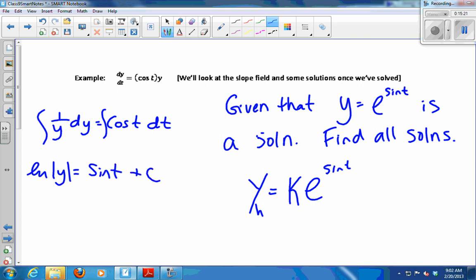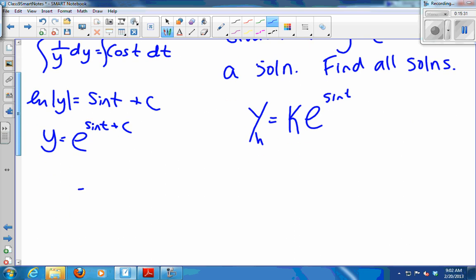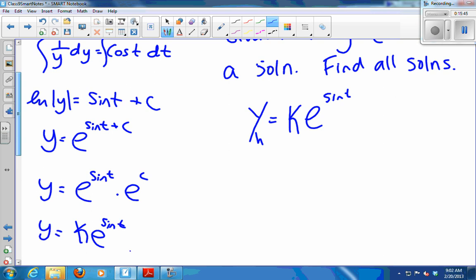Raise e to both sides, and you get e to the sine t plus c, which we could do our little trick, e to the sine t times e to the c, but e to the c is just an arbitrary constant, k. So there's our most general solution, which is exactly what the principle of linearity predicted.